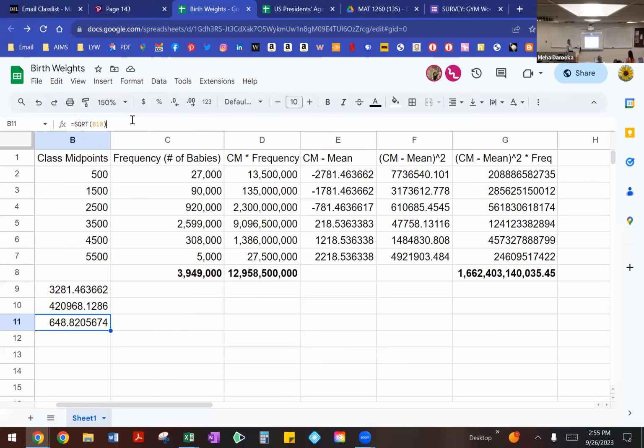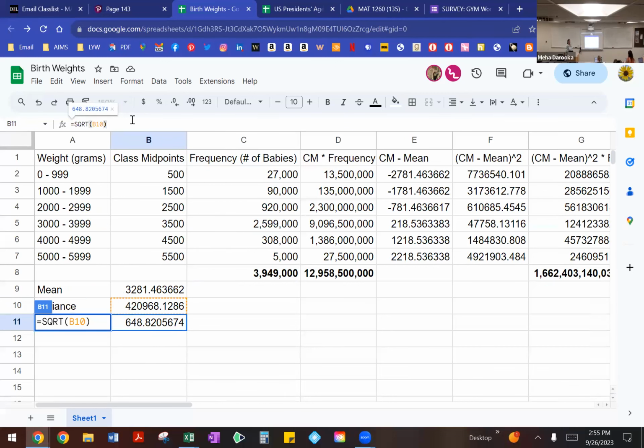The formula for this was literally just square root of the variance. The variance was 429,688.1286, and then you took a square root on that number. So the variance was taken by taking this number here and dividing it by this one.